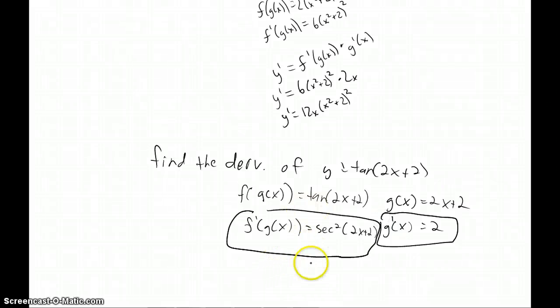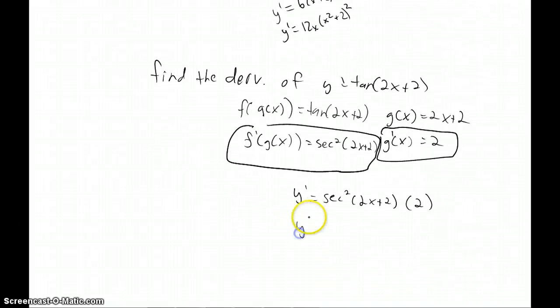So, our final answer is going to be secant squared of (2x plus 2) times 2, which will give us 2 secant squared of (2x plus 2). And that is how you use the chain rule in a trigonometric function.